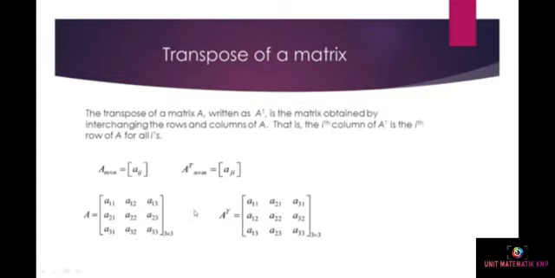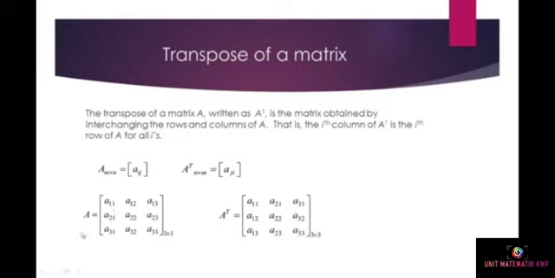Transpose of a matrix. The transpose of a matrix A, written as A transpose, is the matrix obtained by interchanging the rows and columns of A. That is, the i-th column of A transpose is the i-th row of A for all i. Amn equals Aij, A transpose, n by m, equals Aji.